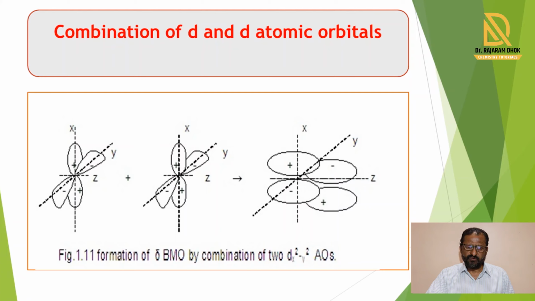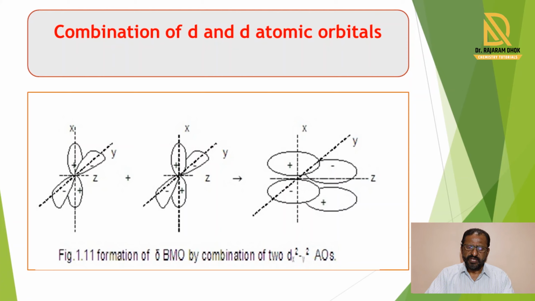So we have taken here one example, that is the dx square y square of one atom and the other atom's dx square y square, and when the dx square y square of one atom and dx square y square of the second atom combine, then with the same symmetry and same geometry, the atomic orbitals overlap sidewise, and there is formation of a bond, and of that bond, 2 lobes are above the axis and 2 lobes are below the axis.